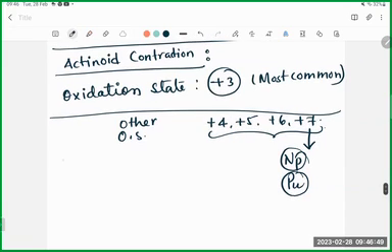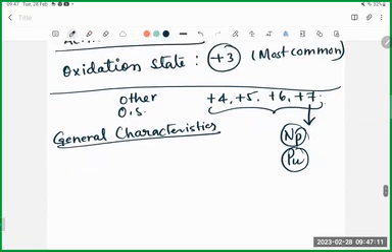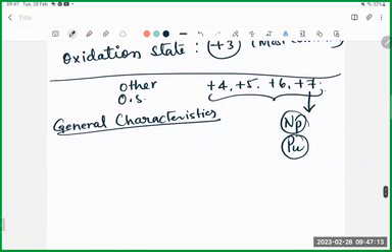Clear? General characteristics: how do we identify them? Seeing the nature. These metals are silvery metals. The most important point is that they are radioactive. All these actinoids have radioactivity, so they are highly reactive, even in their finely divided form, powdered form.